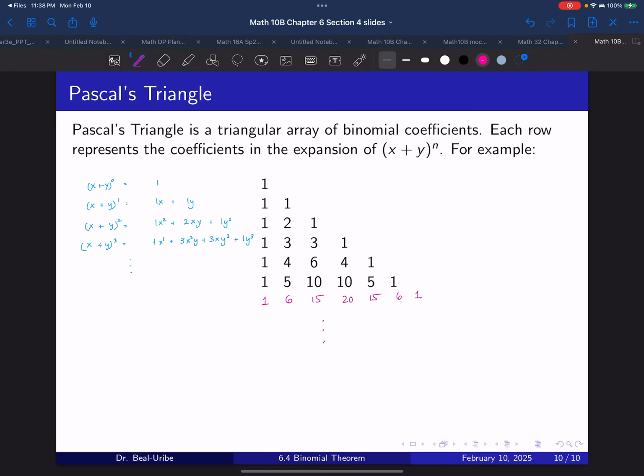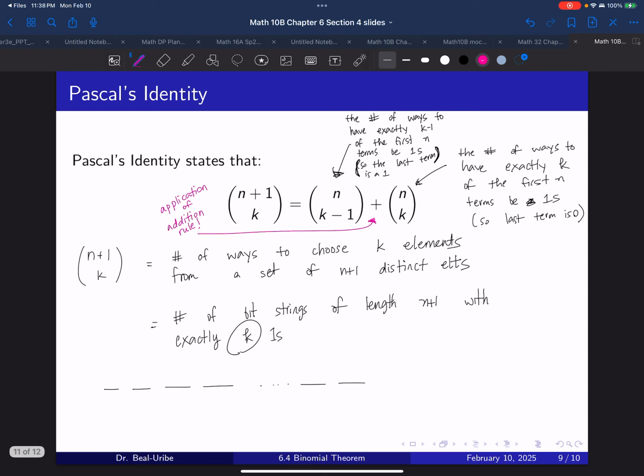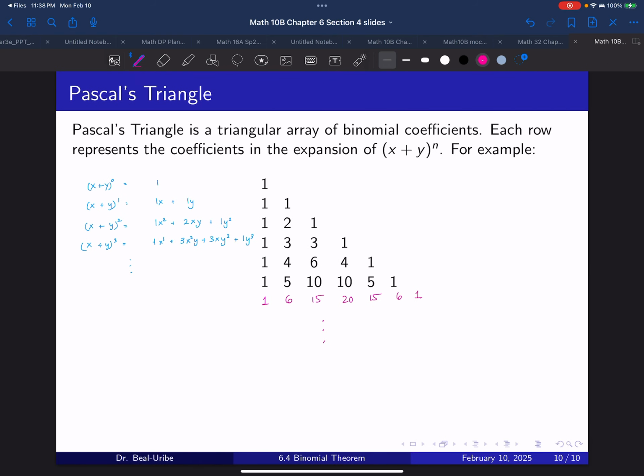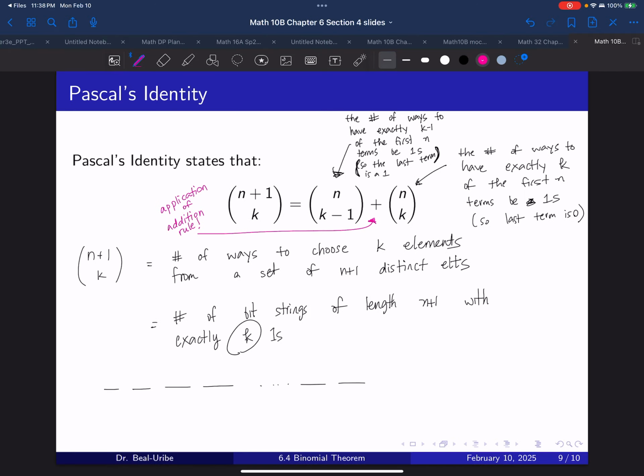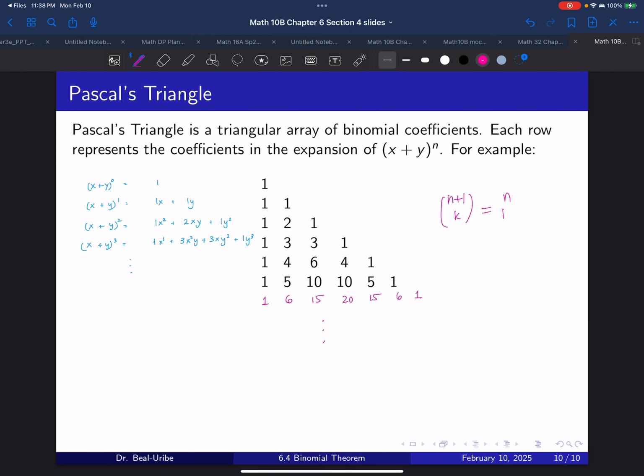So Pascal's identity is saying n plus 1 choose k is the same as n choose k minus 1 plus n choose k. So if I want to get, say, this, which corresponds to, what is this, 5 choose 2?